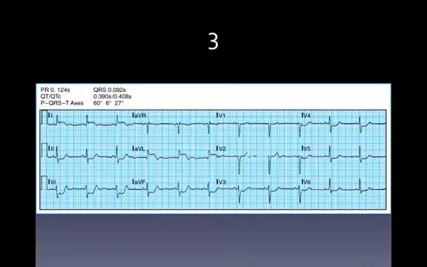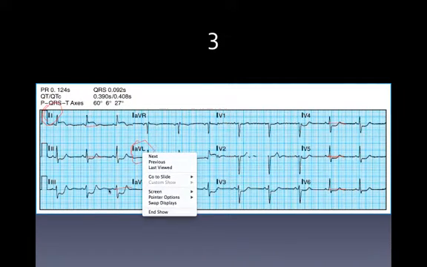This is number 3 on our practice, and we're still looking for injury zones here. Depression, depression, maybe a little depression there. Definitely depression. Elevation, elevation.